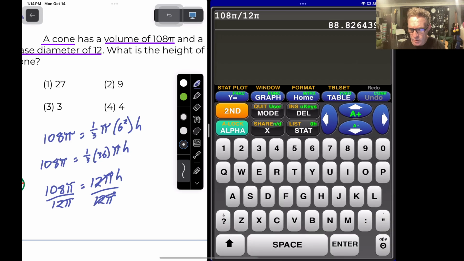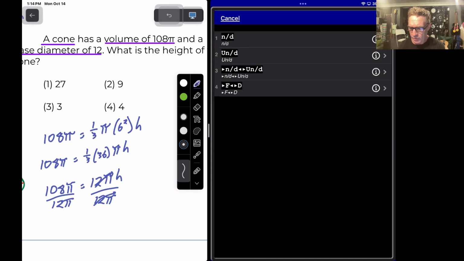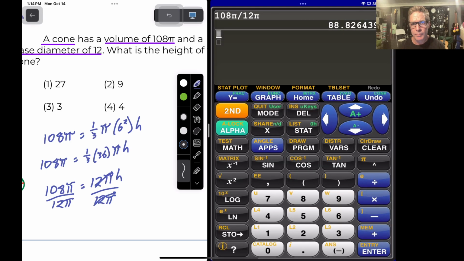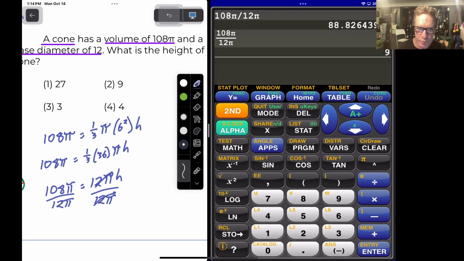I'm going to use my fraction tool, or you could use parentheses around the 108 pi and around the 12 pi. If I hit alpha y equals, it brings up the fraction tool. So it's going to be 108 pi over 12 pi. 9. That makes more sense. Okay, so there's my answer.